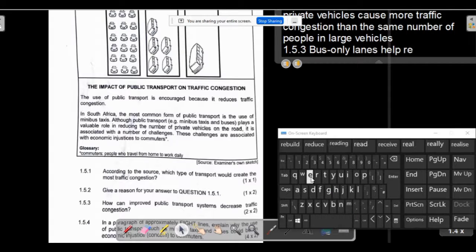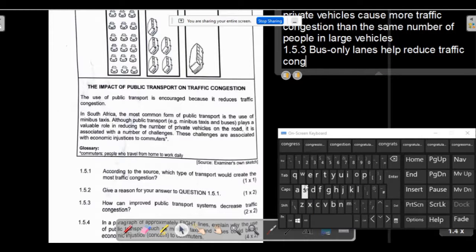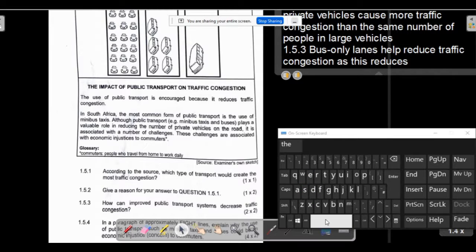When you are creating more lanes, but lanes for specific types of vehicles, in this case for buses, you are preventing traffic congestion, because those buses could have been in those lanes and could have participated in traffic congestion.